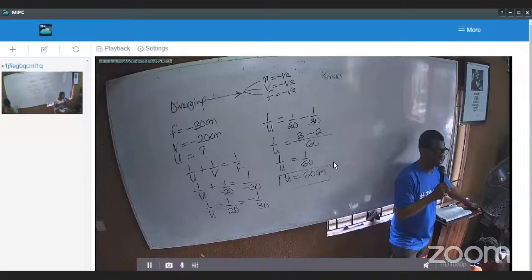Which of the following is the difference between refraction and reflection? What's the number one? At least two media are involved. Is that correct? Read the question, everything.